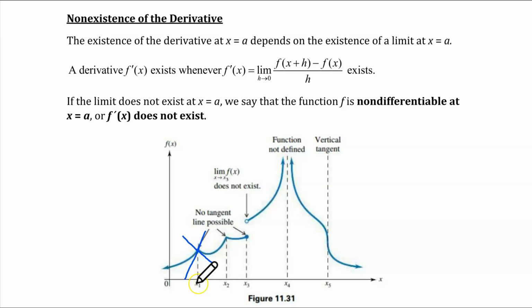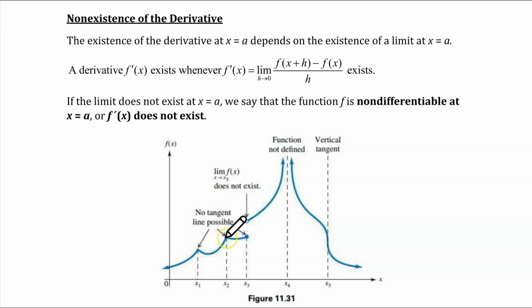So notice that this line here has a positive slope, while this line here has a negative slope. So in these cases, the slope from the left is not equal to the slope at the right. So that means the left-hand derivative is not equal to the right-hand derivative. So therefore, the limit does not exist at these points.